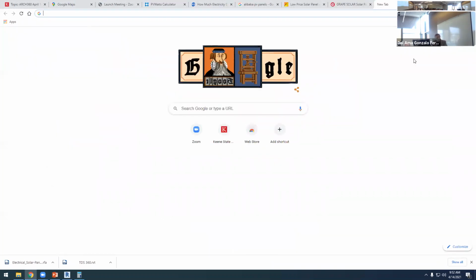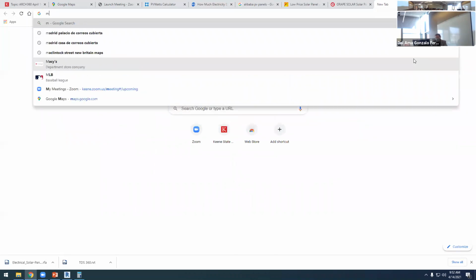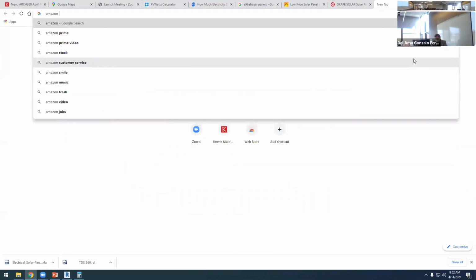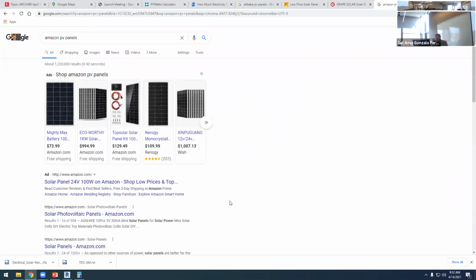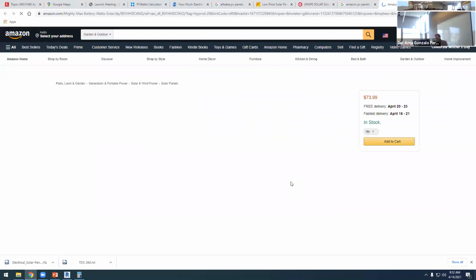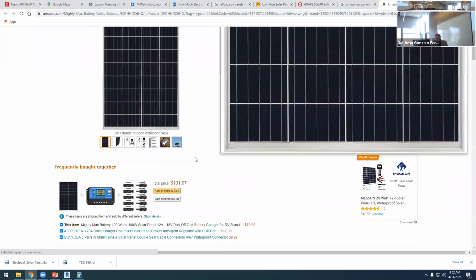If you want to support local American companies, you can go to Amazon, and I'm sure you can find PV panels. Yeah, probably you will find the same and at the same price.